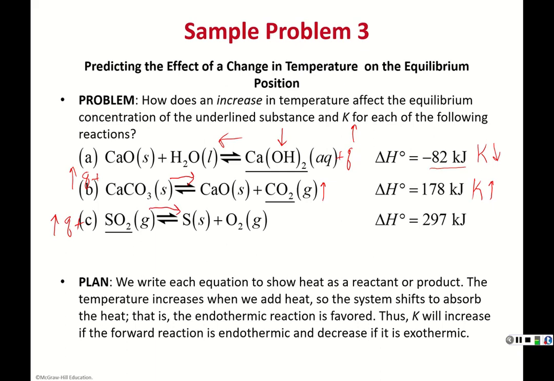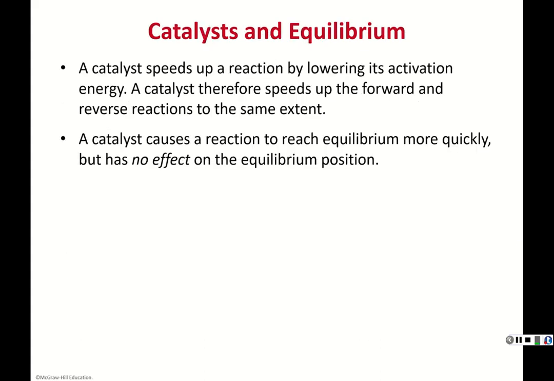This time though, we're interested in SO2, which is on the left side. So SO2 concentration will go down. K, however, since this is an endothermic reaction, will increase with an increase in temperature.